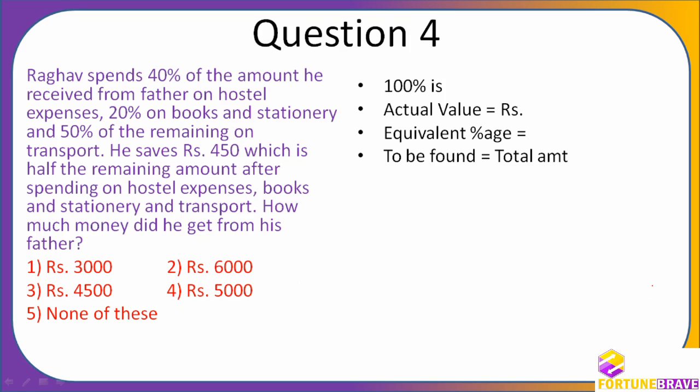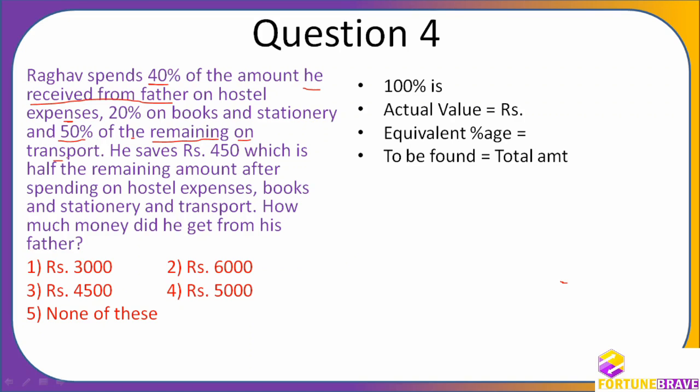Raghav spends 40% of the amount he received from father on hostel expenses. So 40% he is spending on what? Hostel expenses. 20% on books and stationery, and 50% of the remaining on transport.